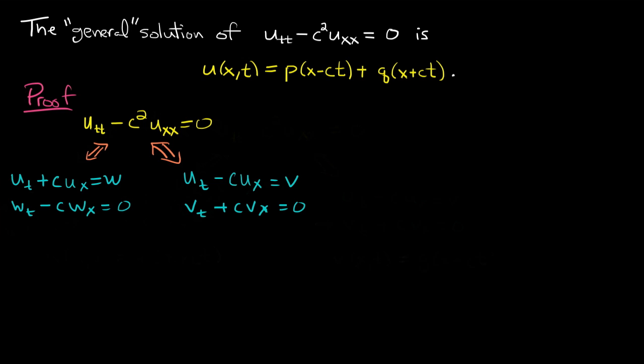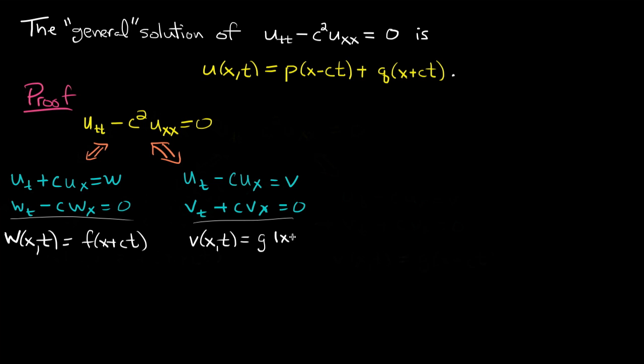Well, if you've watched my previous videos, then you're hopefully an expert on the transport equation. So you know that we can actually solve both of these transport equations, the one in w and the one in v. The general solution to the w equation will be w of x, t is equal to f of x plus ct, where f is some arbitrary function, and the general solution to the v equation will be v of x, t is equal to g of x minus ct, where g is also some arbitrary function.